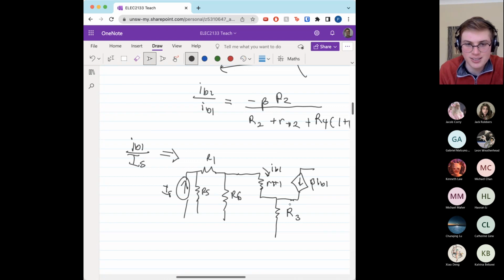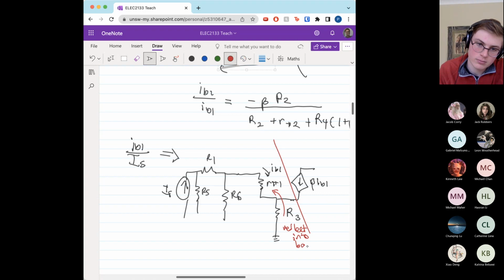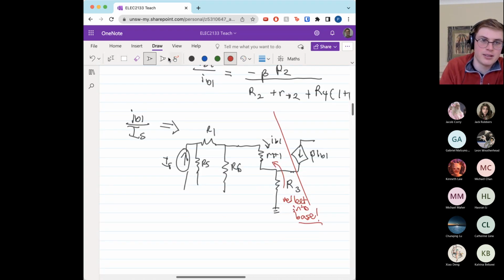What trick are we going to use to make this into a nice, easy to analyze circuit? Any takers? How about we slash through this, reflect this into the base. Done. So we can say goodbye, annoying dependent source. You're not welcome in our life anymore.